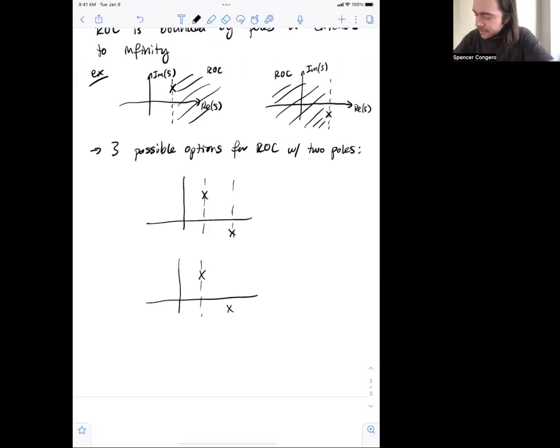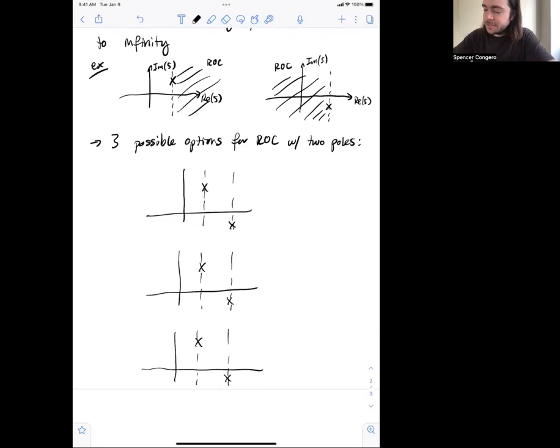This will be the second case. And this will be the third case. Okay, and what are the three options? Well, pretty much it's just the three regions divided by these dotted lines, right? I have a region here, a region here, and a region here.